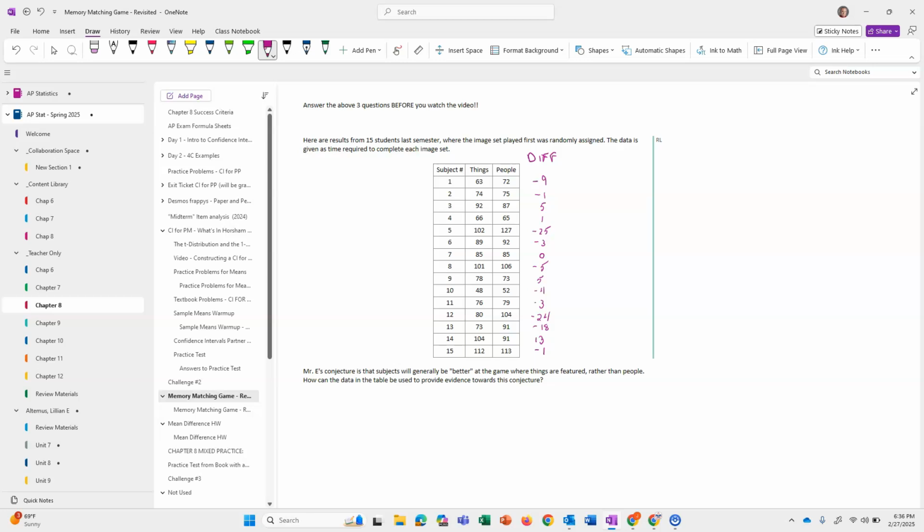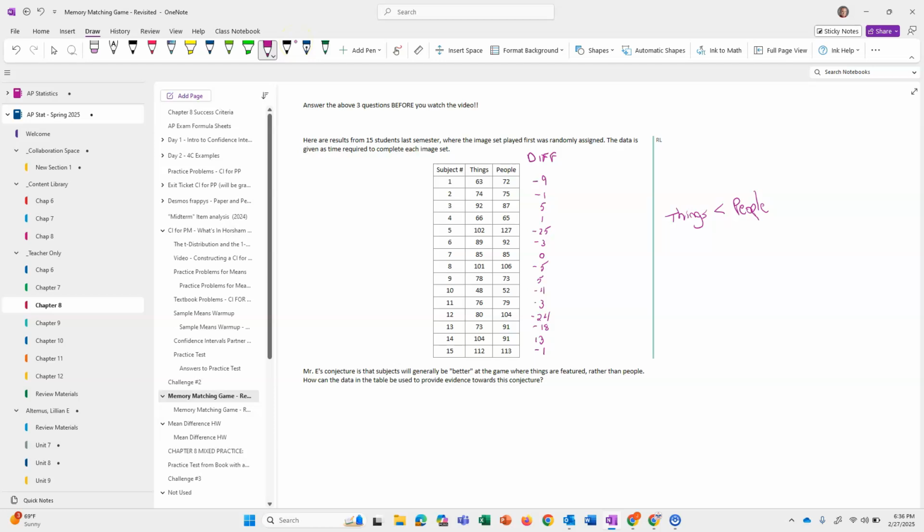So we want to know then, how can we figure out whether someone is better at this game? Well, if my conjecture is that people will be better with the things than the people, then my conjecture is that the things is going to take less time. So the things is going to take less time than the people.